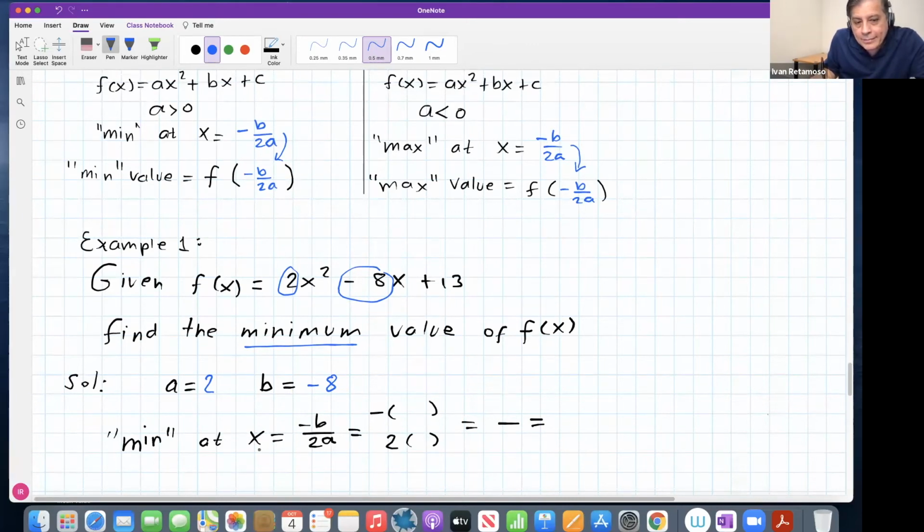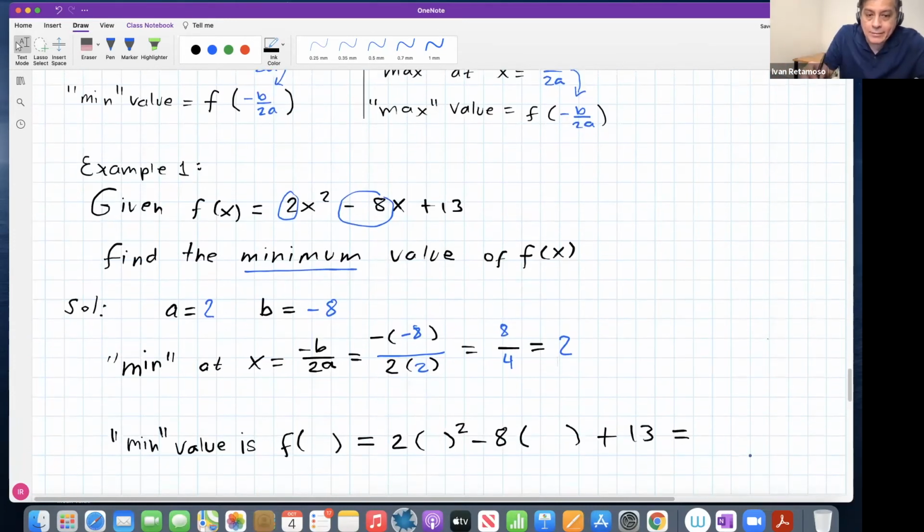So x, the one that determines the minimum value, should be equal to -b over 2a: -(-8) over twice 1. This is positive 8 over 2, which is 4. So 4 is the input value where the minimum output value will be achieved, right?